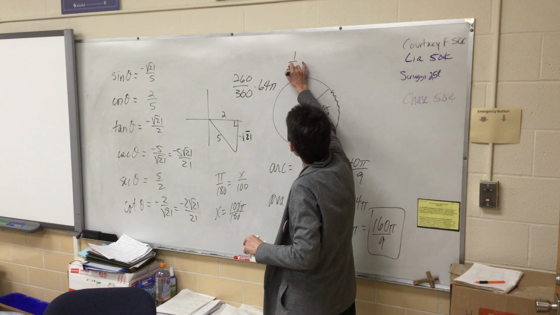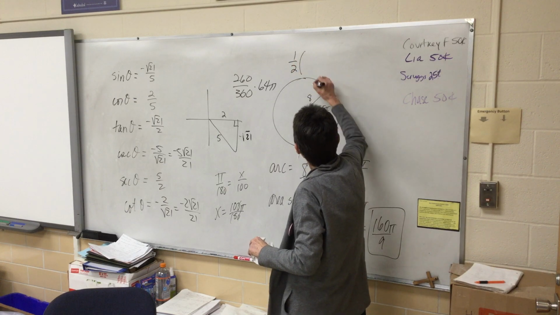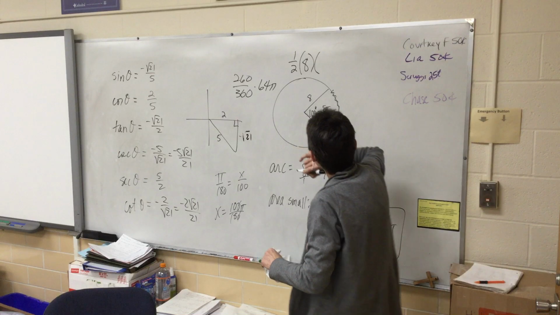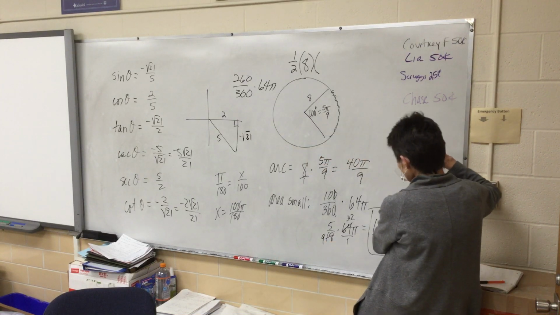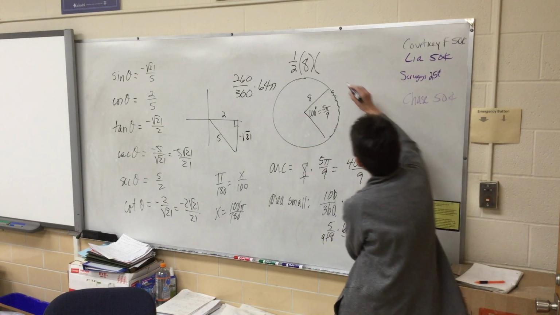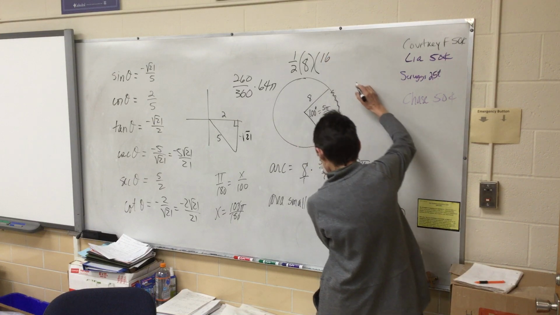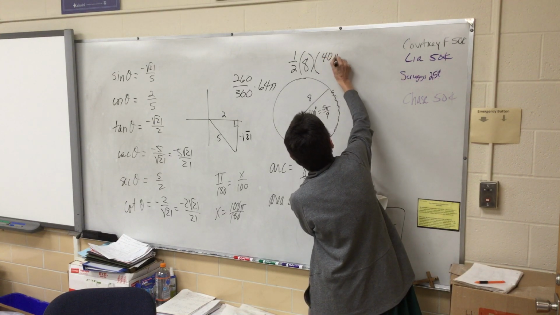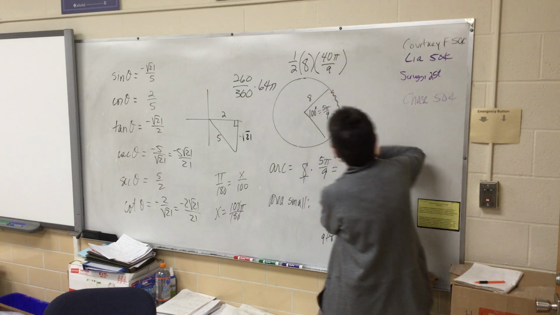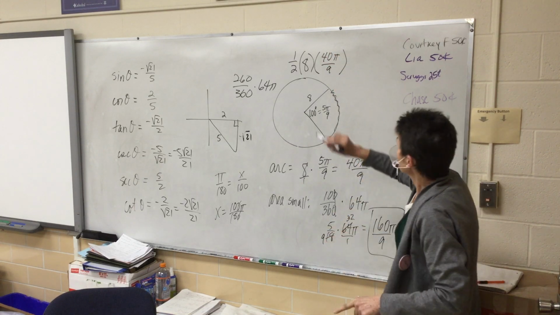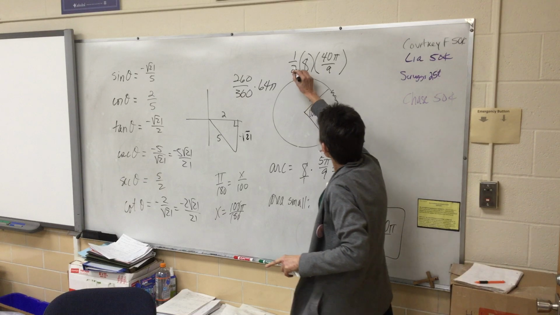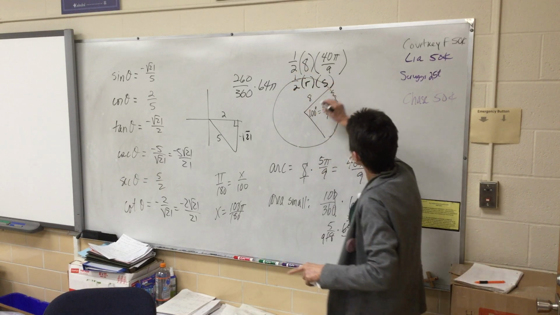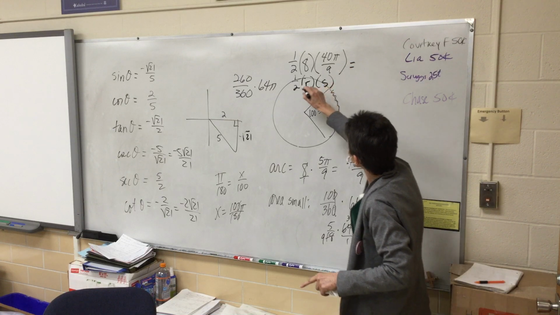If I take 1/2 times the radius, which is 8, and then multiply that times the arc length, which is 40 pi over 9, look what I get.